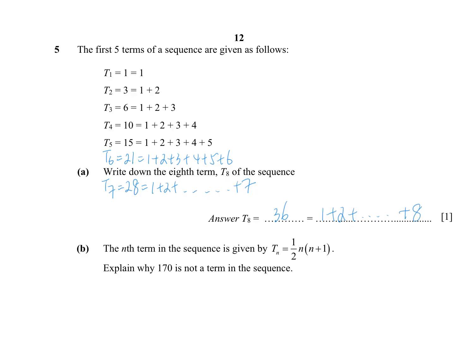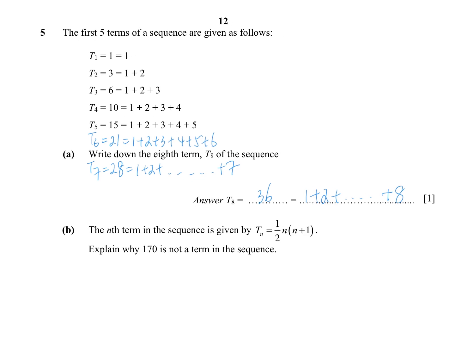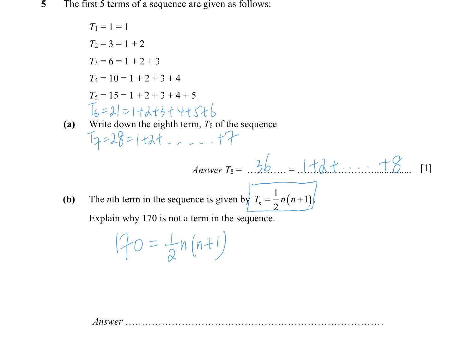They say the nth term in the sequence is given by this formula. So explain why 170 is not a term. So you go and find whether you can find the value of n. So 170 divided by half.